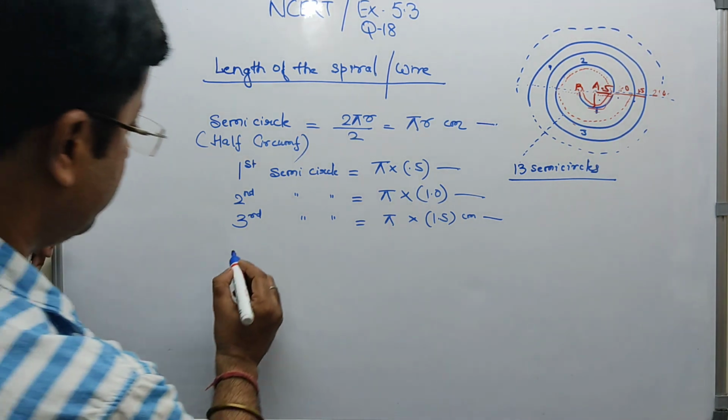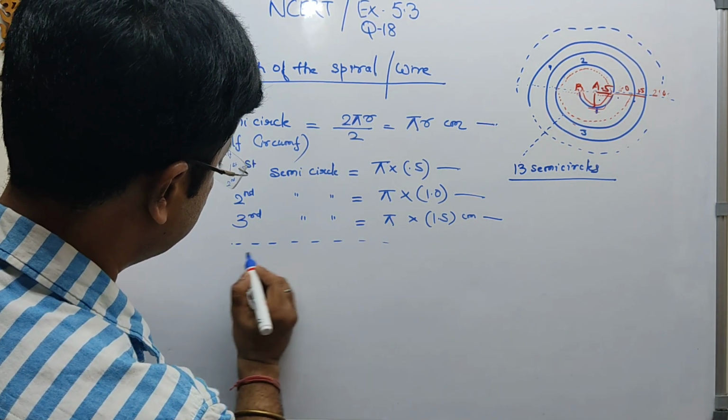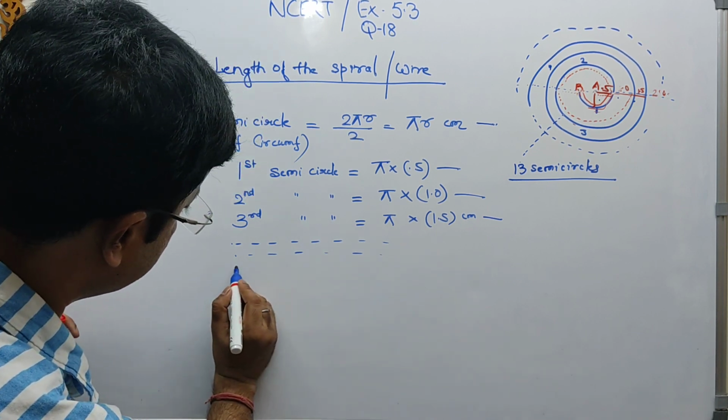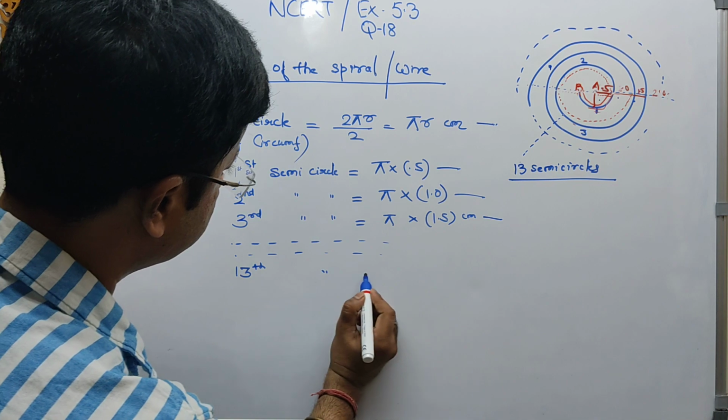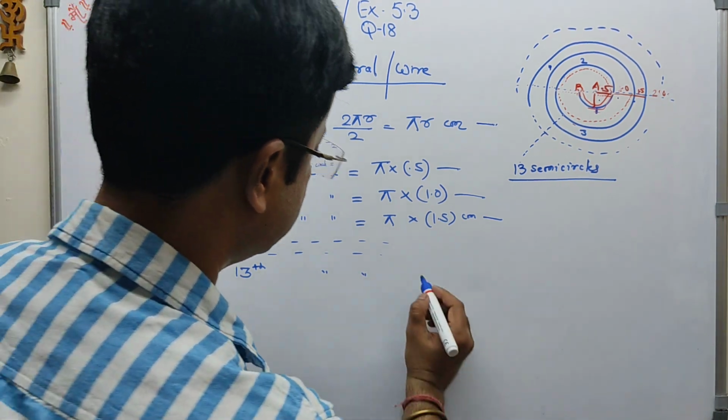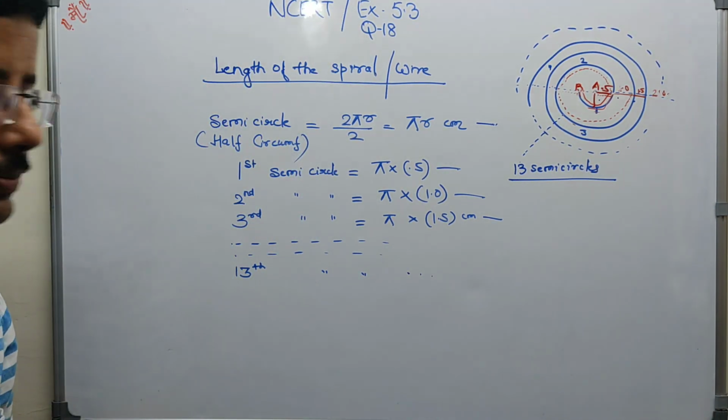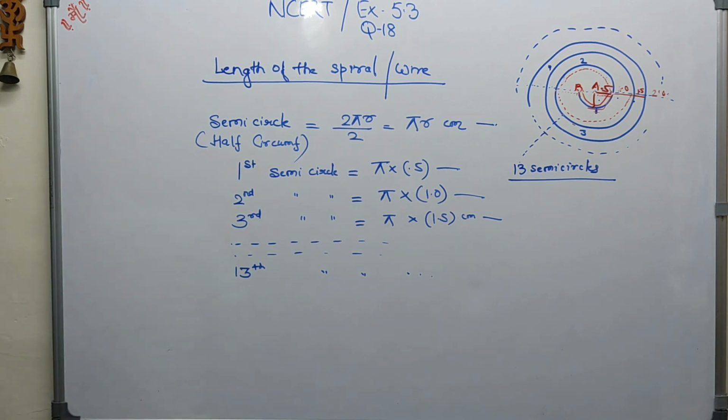Now this will continue till how many times? Till the 13th semicircle. It will keep on continuing till the 13th semicircle. There are 13 consecutive semicircles.